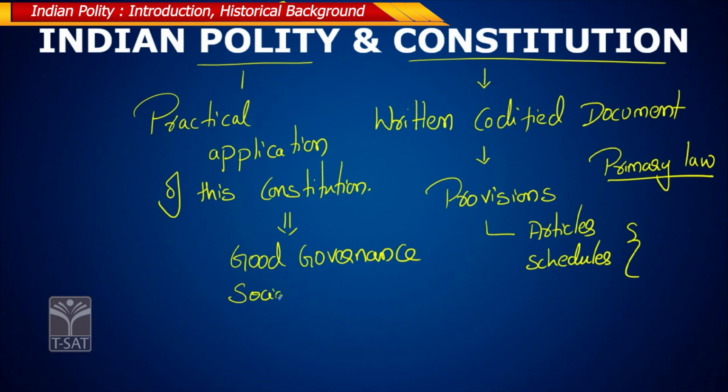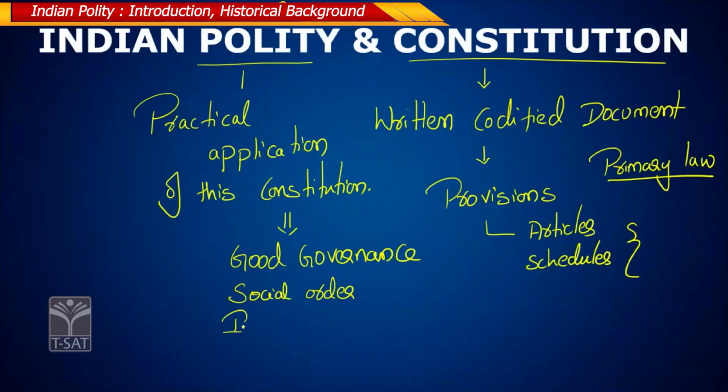Not only governance, the purpose of this application of the constitution is for maintaining order in the society, that is your social order. Not only for social order, the purpose of application of the constitution is to achieve inclusive development.